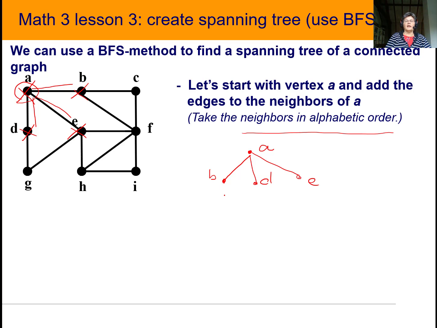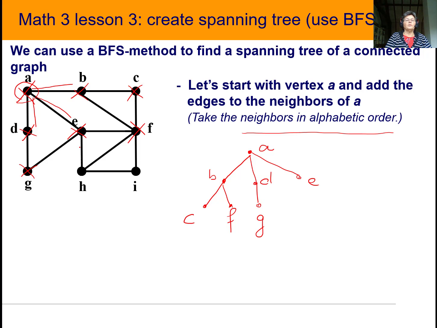Okay, then on our next level, because it's breadth first, from B we can go to C and to F. So C and F, and let's take them out. From D we can only go to G, that's the only one.